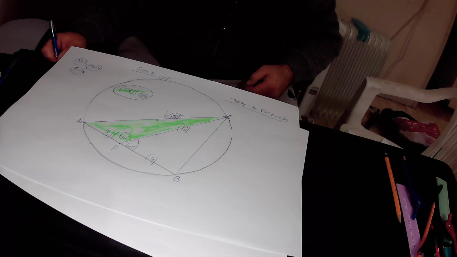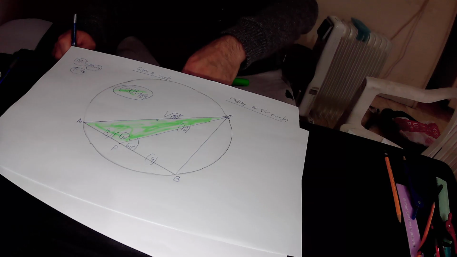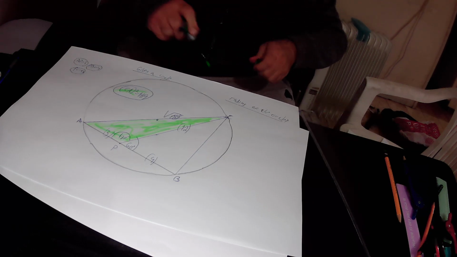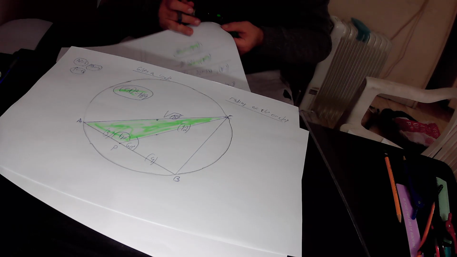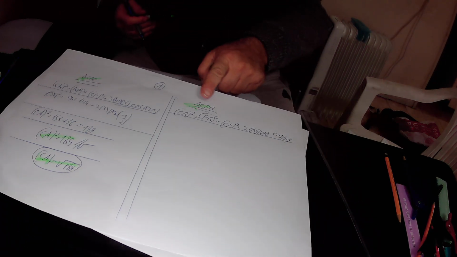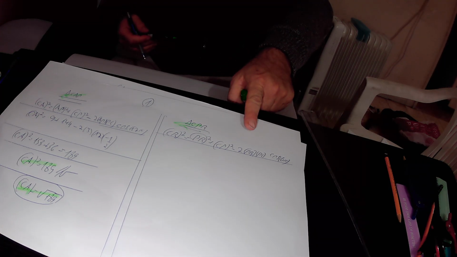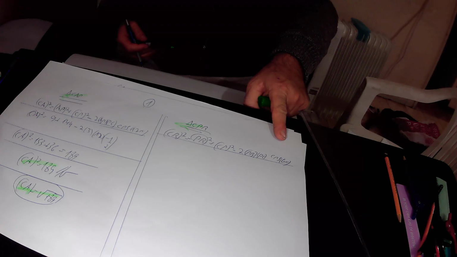Repeat again, in triangle PCB, according to the law of cosines, CB squared equals PB squared plus CP squared minus 2 times PB times PC times cosine 60 degrees.